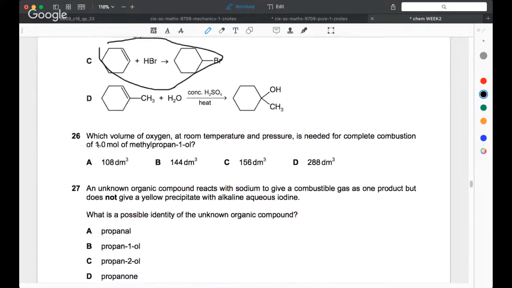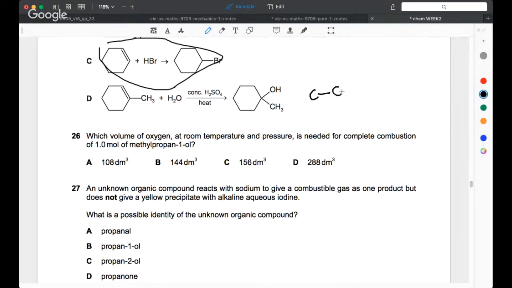26. It is a calculation. So what happens in a complete combustion reaction of an organic molecule? You get CO2 and H2O.